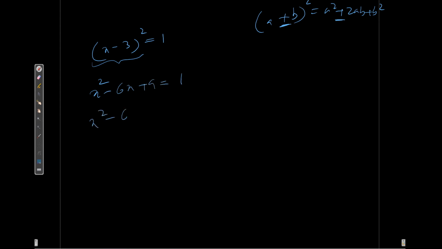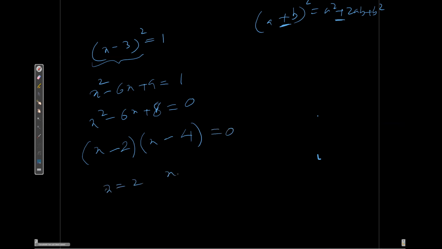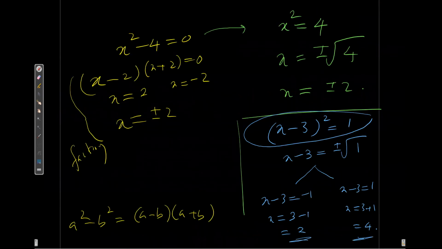When I take 1 to the left hand side, I get 8 and 0, and I see factors 2 and 4, and I need to make minus 6, so I have to have both minus, minus into minus, I get plus 8. Yes, so x equal 2 and x equal 4. And let me go to the previous page. See, 2 and 4. So any technique will work, but these are easy numbers.